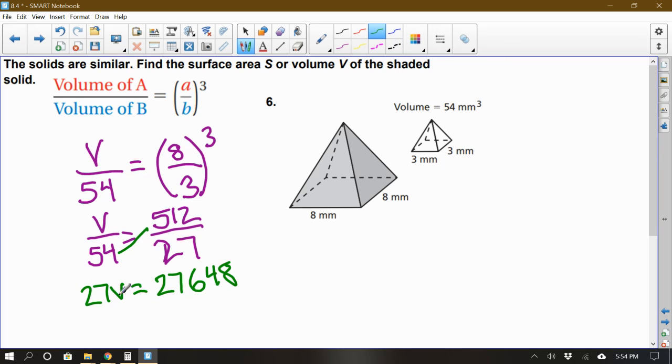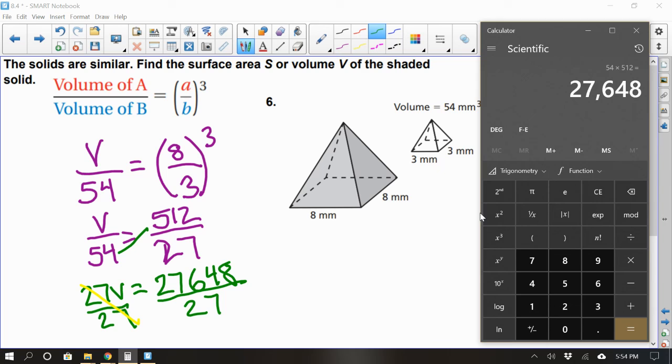All righty. But I need to know what the V is. So let's divide out this 27. That would cancel it out. Divide the other side by the same thing. Now, again, that's definitely a calculator kind of a problem. So 27,648 divided by 27. 1,024.